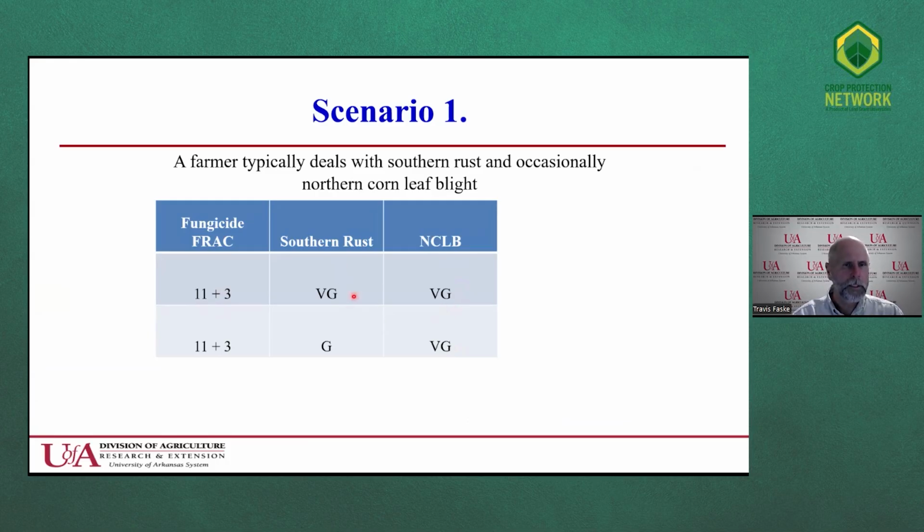For the southern rust, obviously this one's very good. This one's good. This really represents that difference within this FRAC 11. So, you can also look at other fungicides that have this particular FRAC 11, and you'll see usually a better response than maybe this one. But simple enough, I would choose fungicide number one.